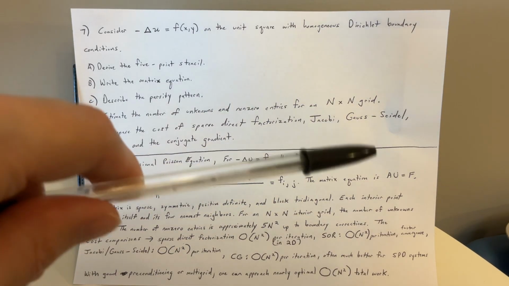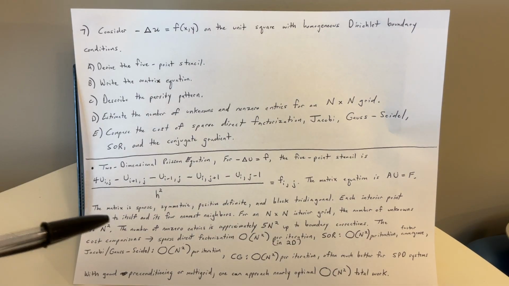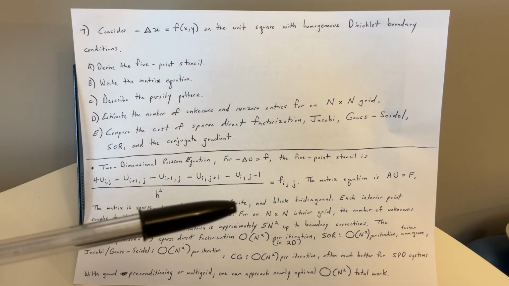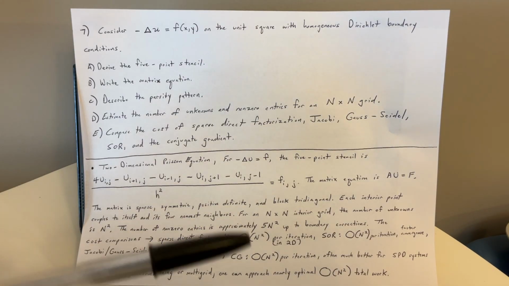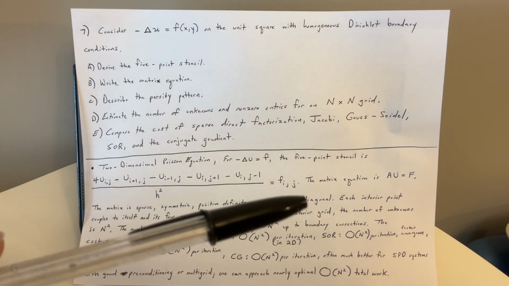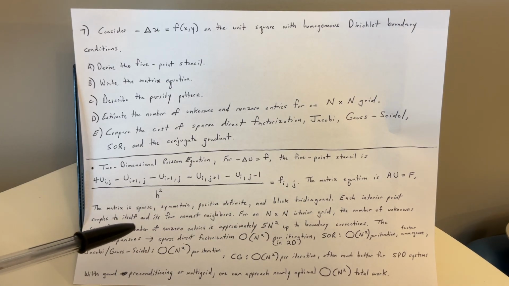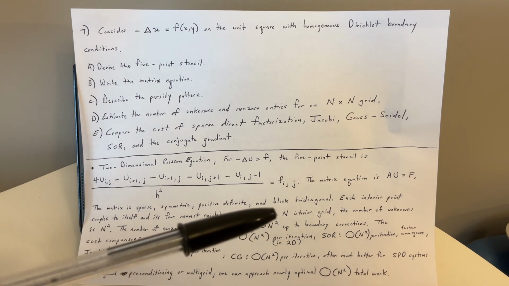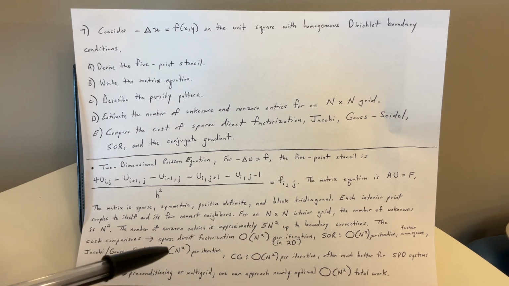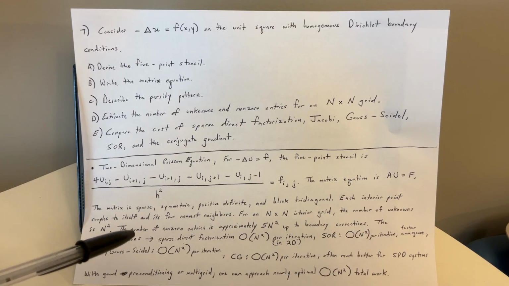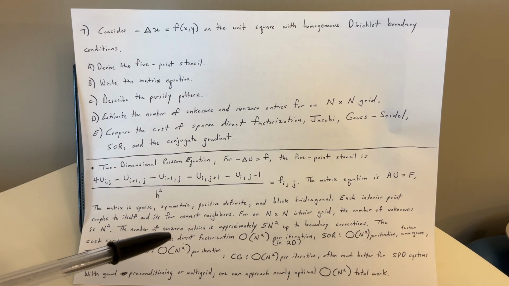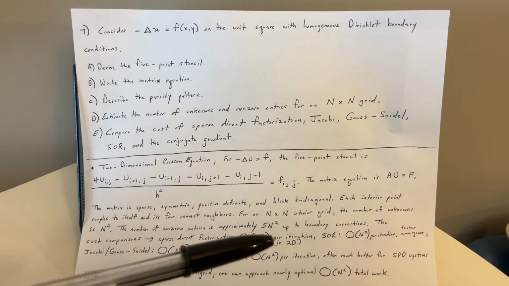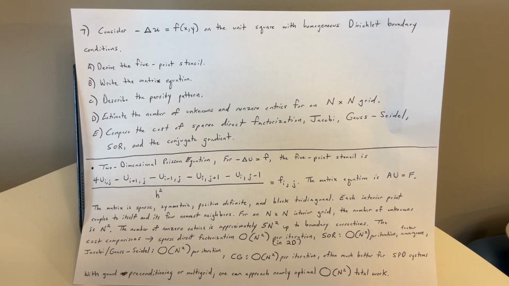So the matrix equation is AU equals F. The matrix is sparse, symmetric, positive definite, and block tridiagonal. Each interior point couples to itself and its 4 nearest neighbors. For an n by n interior grid, the number of unknowns is n squared. The number of non-zero entries is approximately 5n squared, up to boundary corrections.